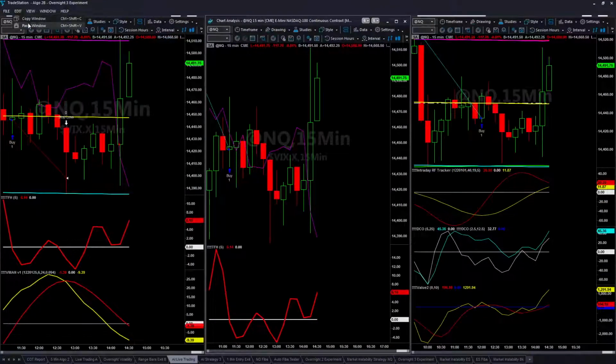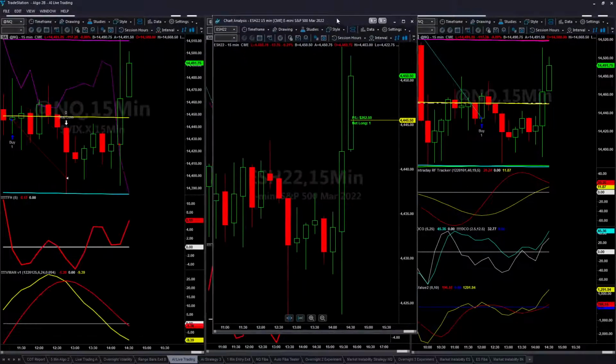For you guys who like looking at P&Ls, here's my ES trade right now.